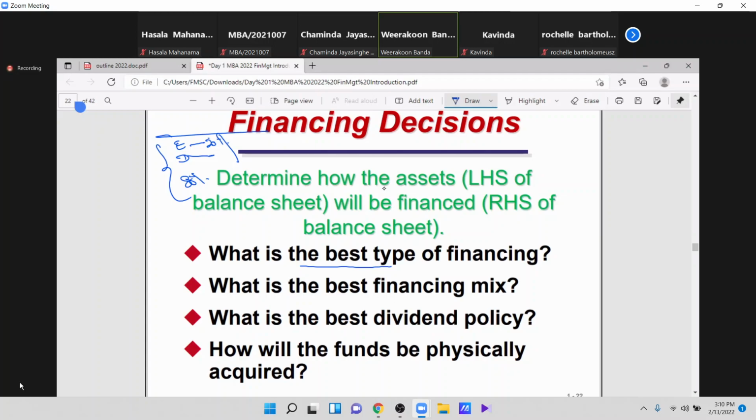So what will happen if the company maintains 100% equity capital, 0% debt capital? Can you recommend that? 100% equity capital? No. Why? If there are alternative ways of raising capital at a lower cost, by issuing debt instruments, we can raise capital from the market.